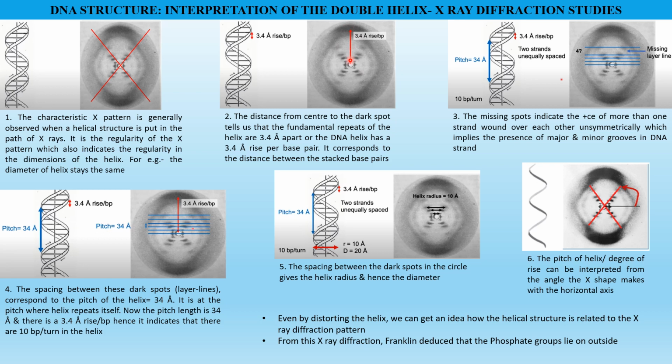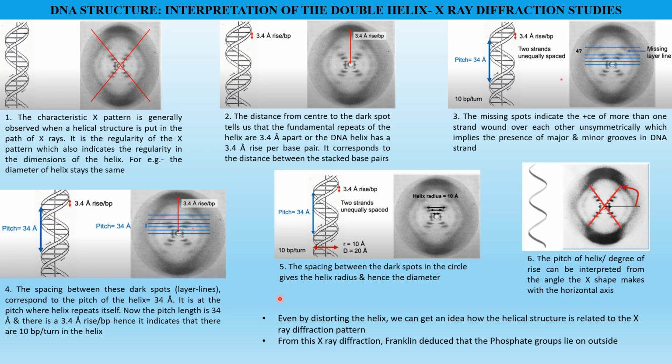Notice that a pitch whose length is 34 angstroms and the distance between each stacked base pair is 3.4 angstroms, so we can calculate that in each turn, that is in each pitch, there are 10 base pairs.